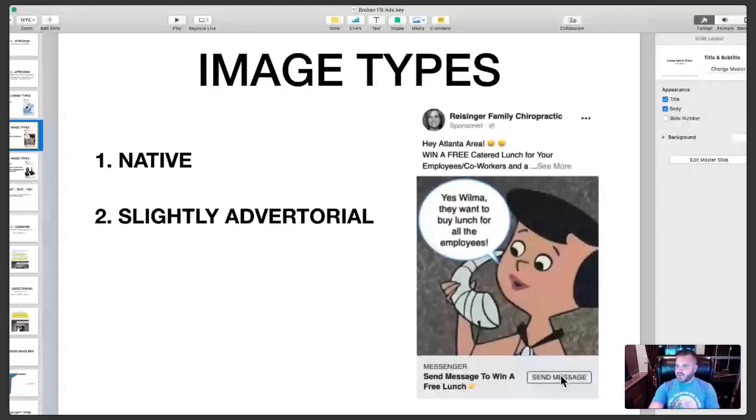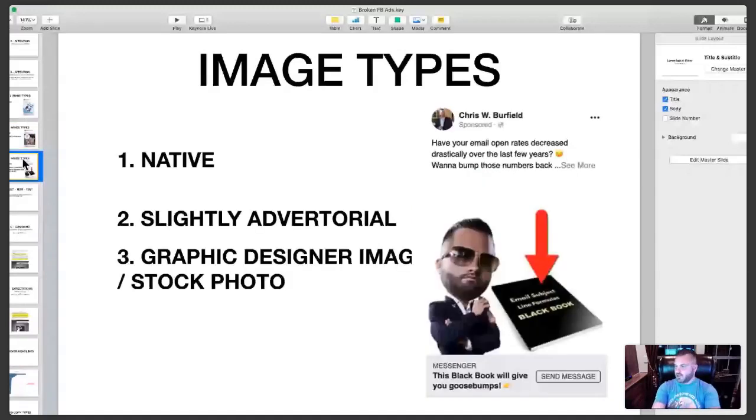So the third type of image is what's called the graphic designer image or stock photo image. Here is an image that I'm currently running for a free report that gives email subject line formulas. It says, this black book will give you goosebumps, right?